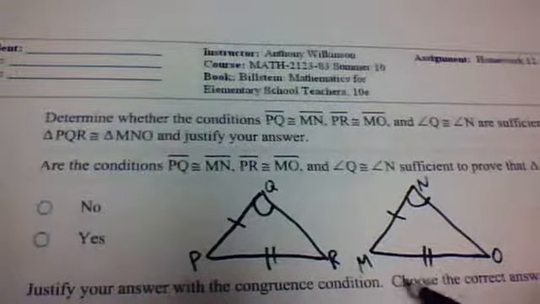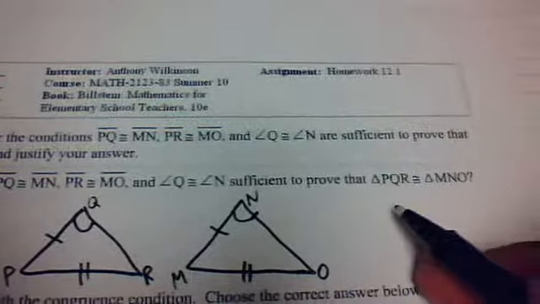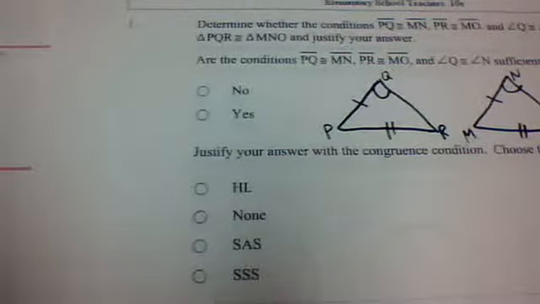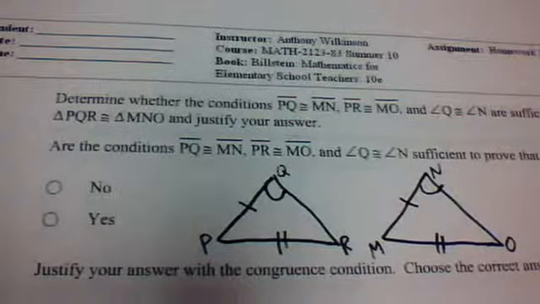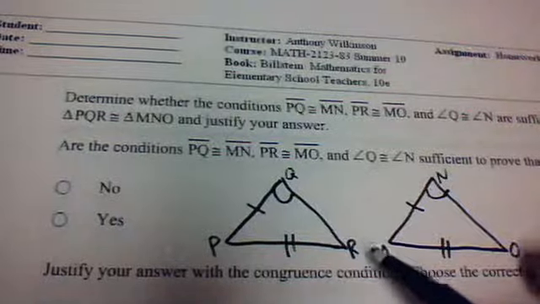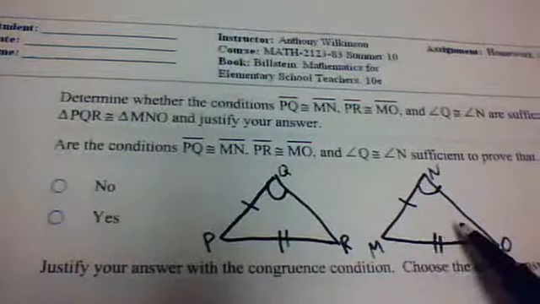Now, would this be sufficient to prove that triangle PQR is congruent to triangle MNO using one of these properties, either the HL, SAS, or SSS? Well, we know it's not going to be HL because with the hypotenuse-leg theorem, we're dealing with right triangles, and these are not right triangles.